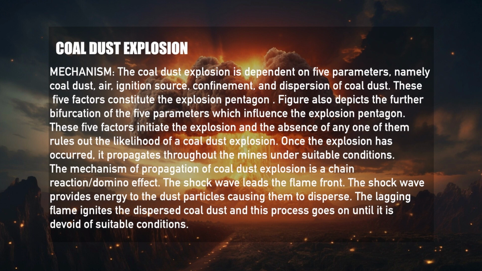Once the explosion has occurred, it propagates throughout the mines under suitable conditions. The mechanism of propagation of a methane dust explosion is a chain reaction and combined effect. The shock wave leads the flame front.